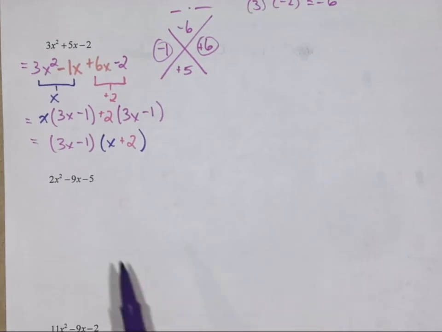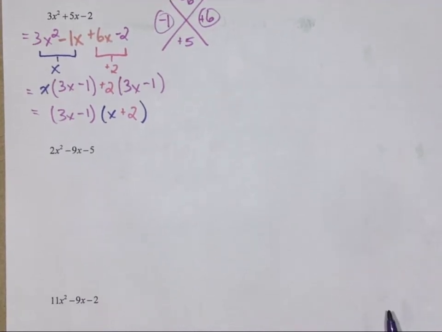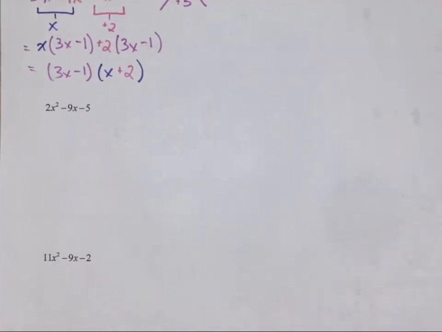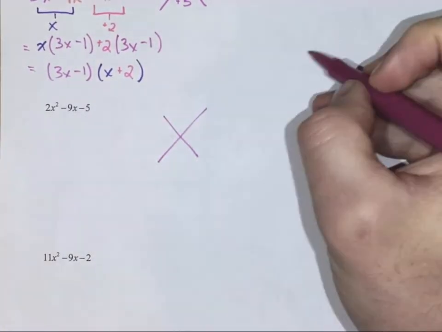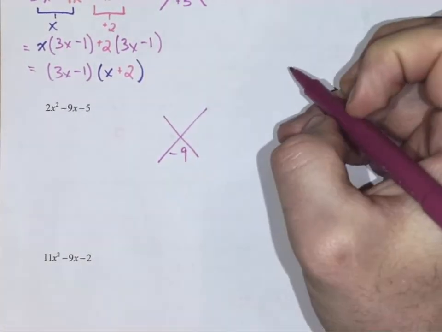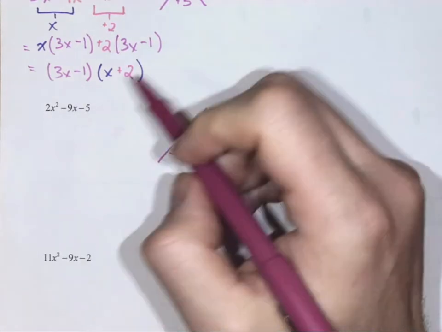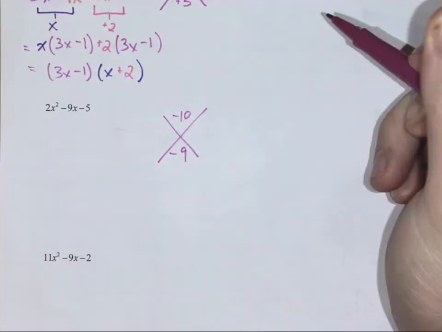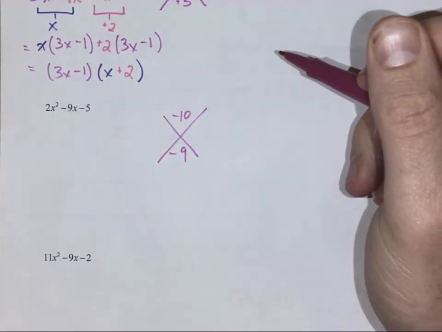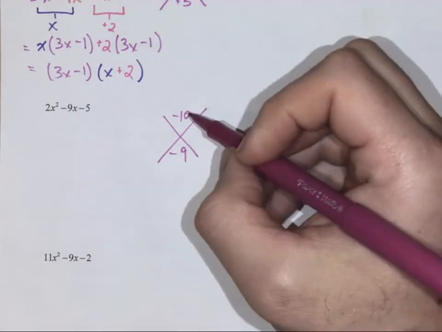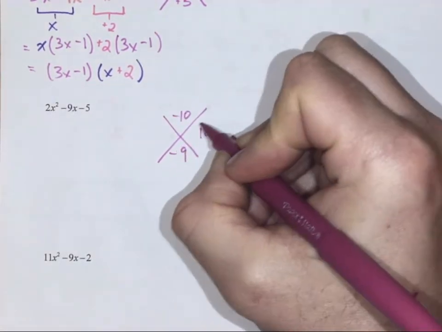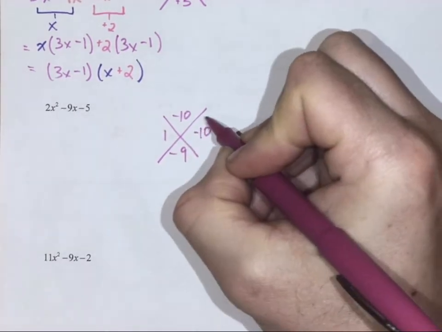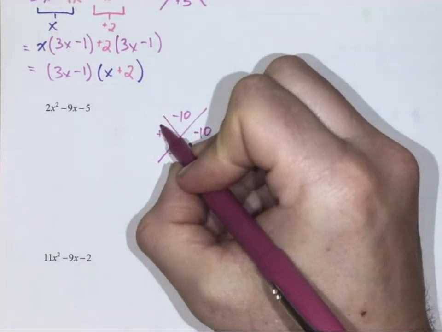I do one more example where I have a negative and a negative for you to see. Everything still applies the exact same. Two numbers that add to negative 9 and multiply to 2 times negative 5, which is negative 10. When I look at that sort of thing, multiply something bigger, I'm going to have 10 times 1, and this will be negative 10 and positive 1.